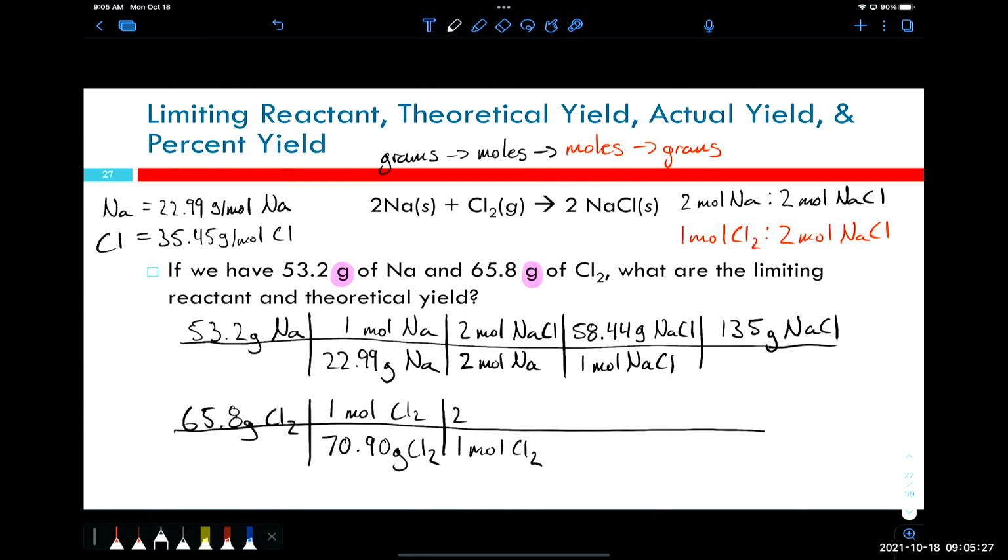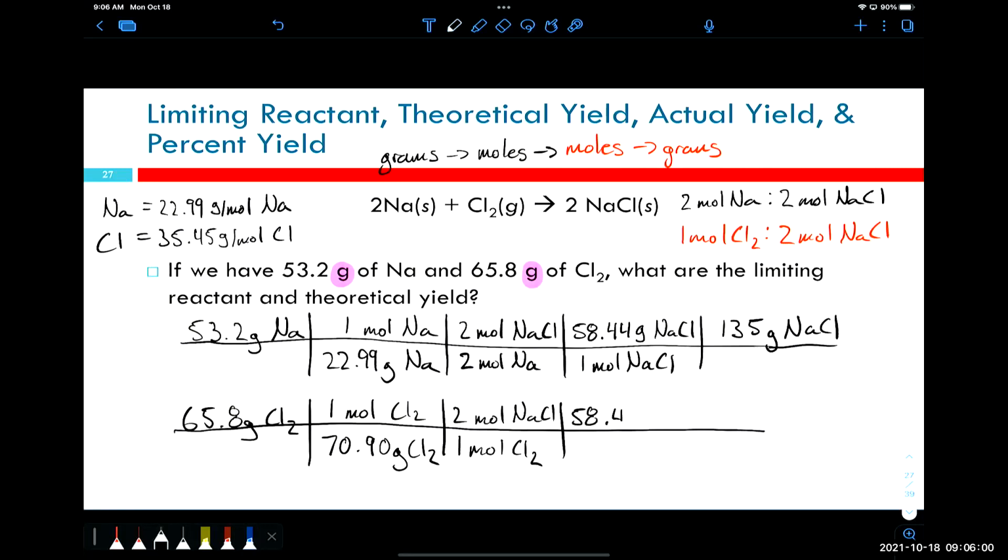We'll put 2 moles of sodium chloride in our numerator. And the silver lining for these problems is that once you've done one of them to convert to your product, you already have the molecular mass of what you're converting to for your second one. So that part ends up being the same.